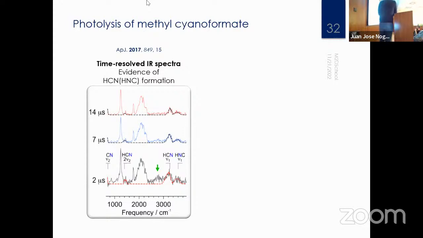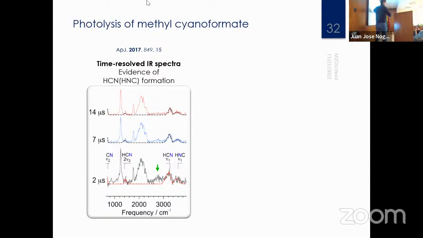If you get the branching ratio of these two molecules at 100 Kelvin, which is approximately the temperature of the ISM, you get 10 to the minus 33, because this one is approximately 40 kilocalories per mole more stable than the other one. So you get 10 to the minus 33 at 100 Kelvin versus 10 to the minus 1 in the experiments. And also in the interstellar medium, there is an overabundance of this molecule, and the ratio HNC over HCN is also approximately 0.1.